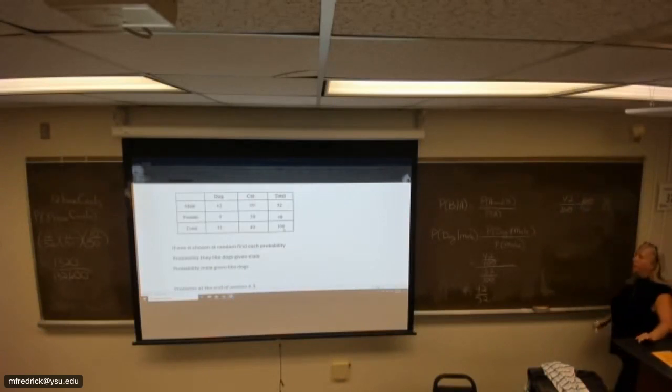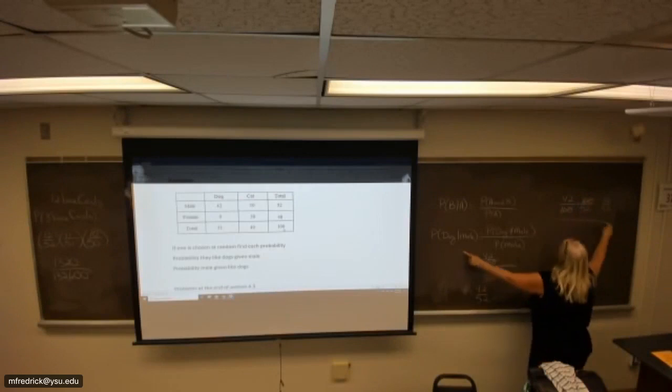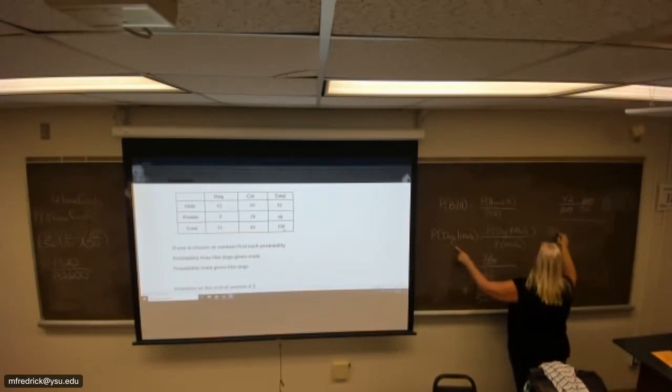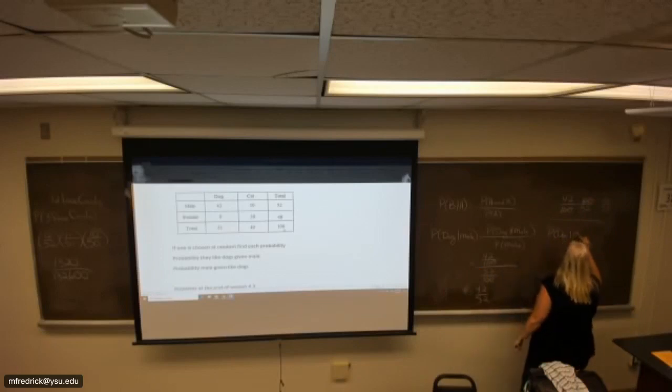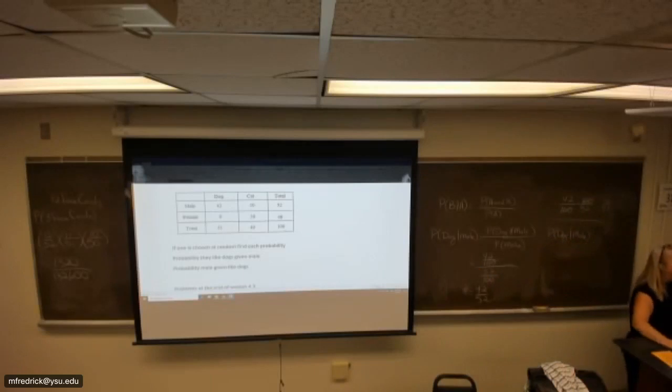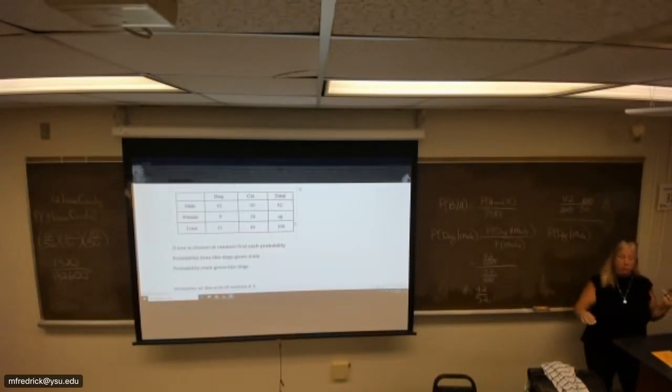Another way of doing it, when you have a contingency table. We already know it's a male, so only use that row. We know it wasn't a female, we can just forget about that.